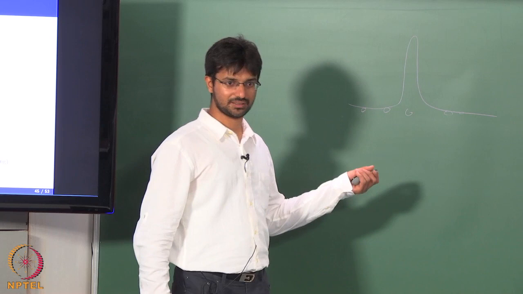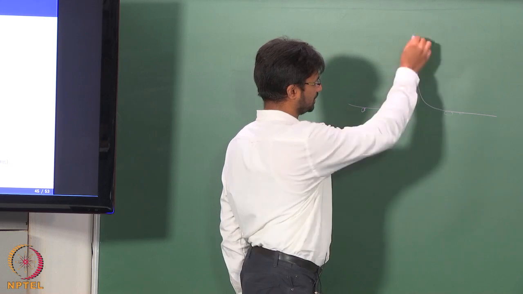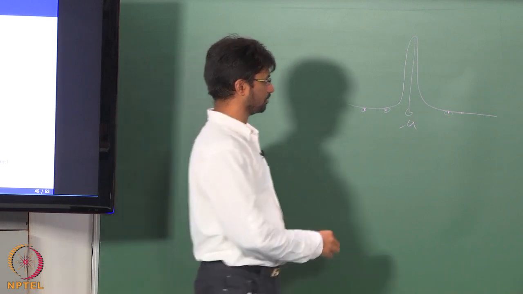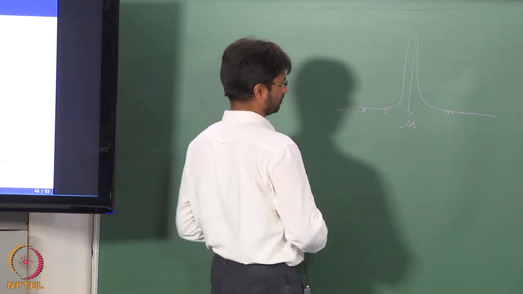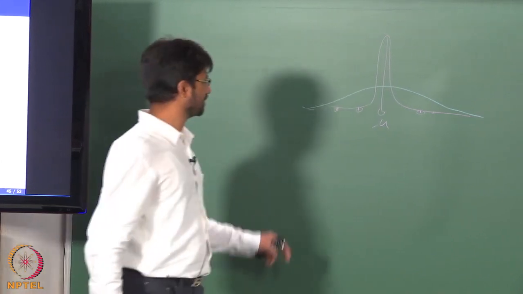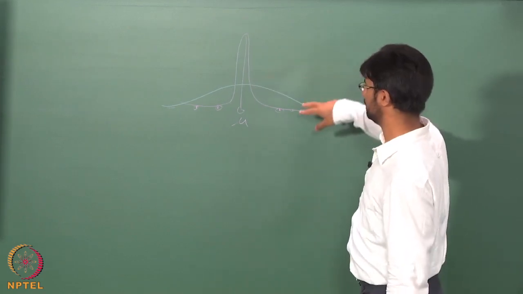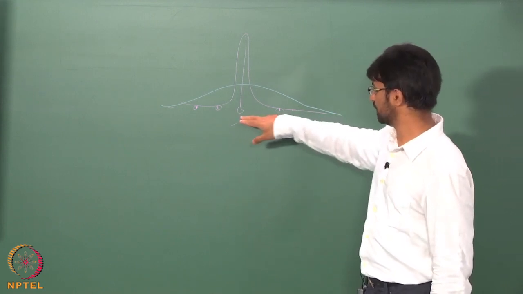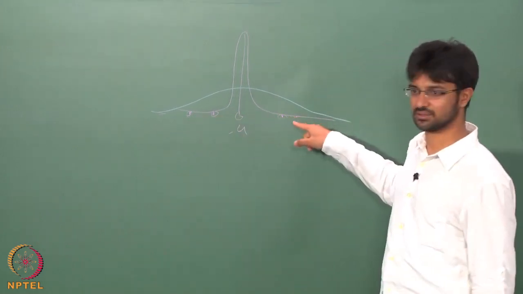There will be a non-zero probability of a point coming from somewhere here, even if this is the mean. So intuitively we would think that the blue Gaussian is what might have generated this data with so much variance, but there is a non-zero probability that the data has been generated from such a Gaussian.